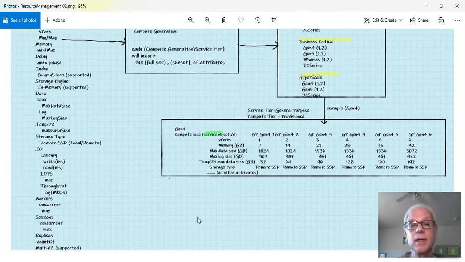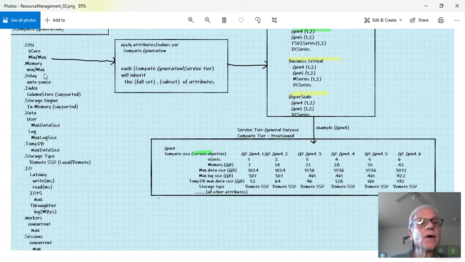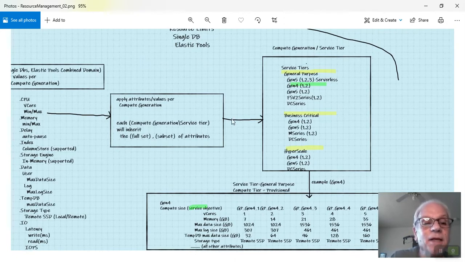Here's a real quick study. Some of these attributes are thrown through the template here, which then computes out to a service tier, which is general purpose, business critical, and hyperscale.